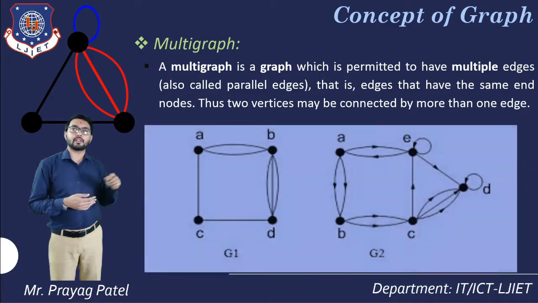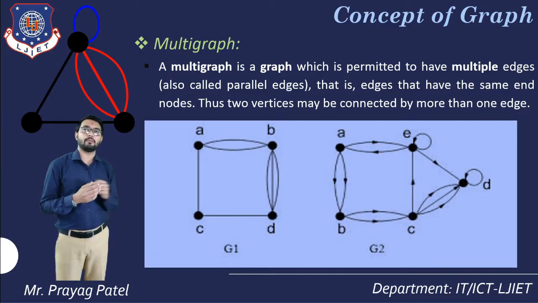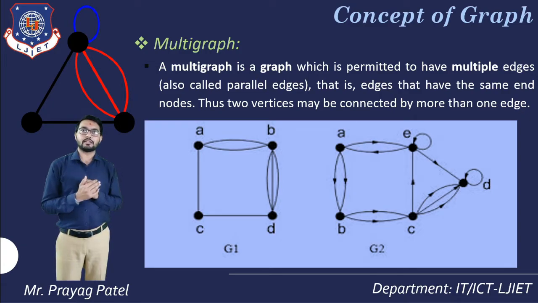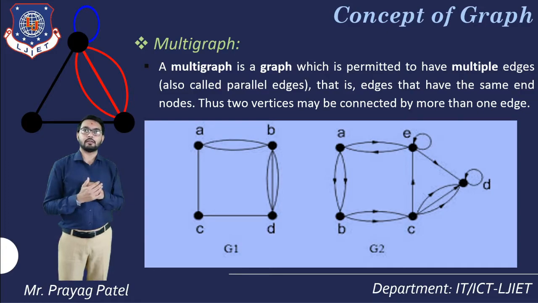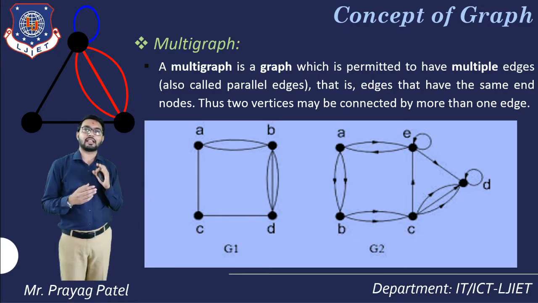Now consider another figure for the multigraph. Now in the first figure G1, consider the A and B nodes. Between the A and B nodes there are two edges. So here, moving from A to B we have two paths. Here consider the B to D path. Between the nodes B and D there are three edges.